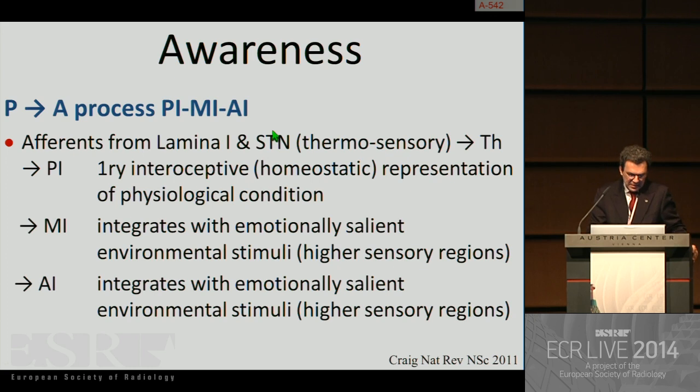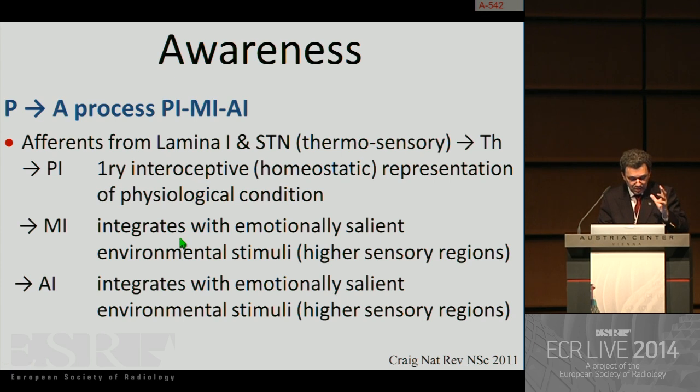The idea is that, again in the insula, you have a processing from posterior to anterior. First, you have what we saw about temperature, pain, visceromotor, visceral sensation, and so on. This is what's called the homeostatic representation of our physiological conditions. That is then moved forward, and you have another integration anteriorly with stimuli coming from higher sensory regions, from the environment, so outside.